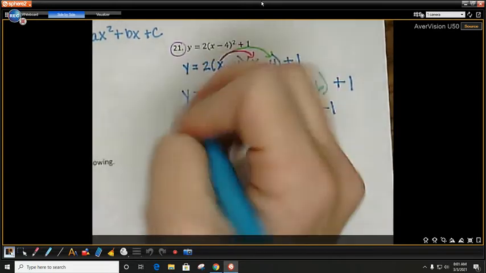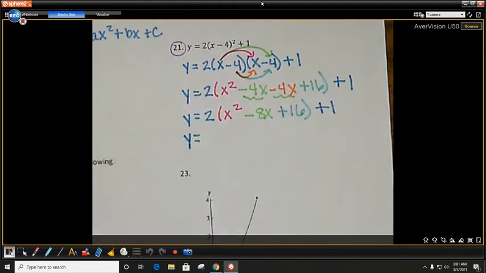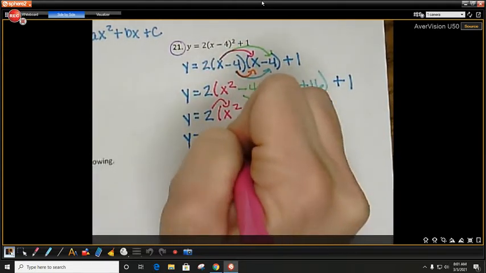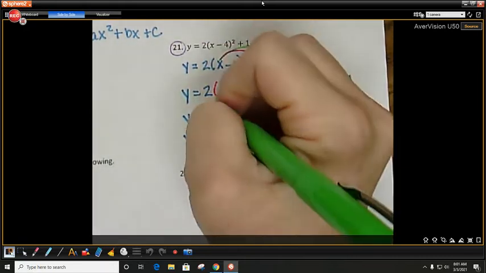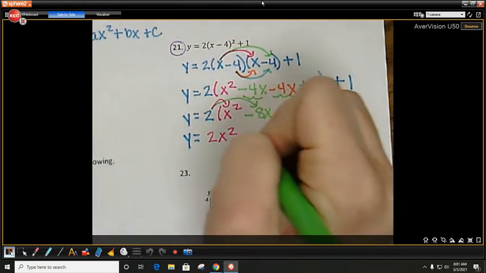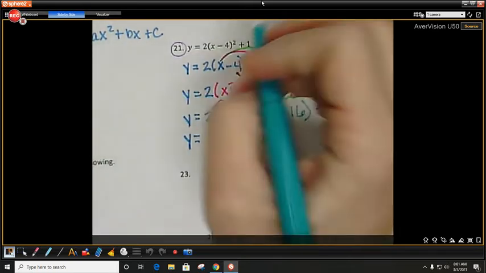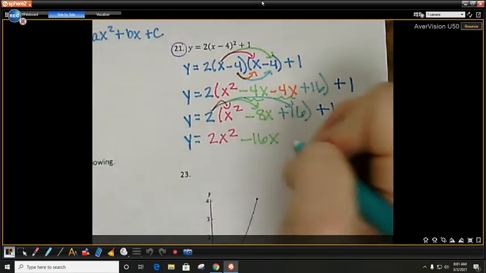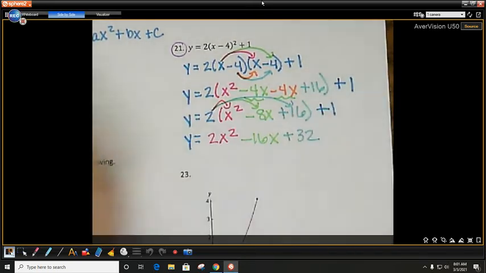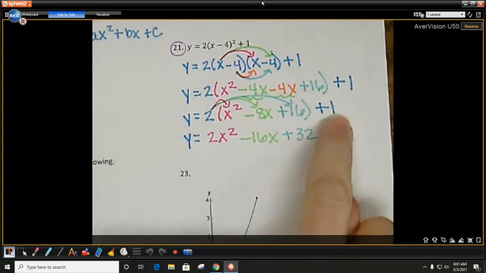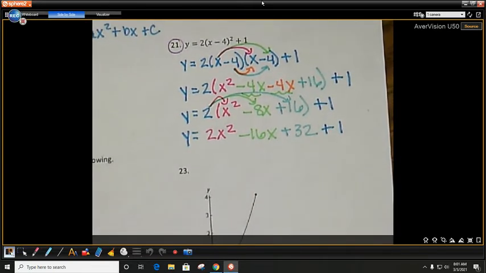So I need to distribute that 2 to every term in the parentheses. So 2 times x squared is 2x squared. 2 times negative 8x is negative 16x. 2 times 16 is a positive 32. And then tack on that plus 1 at the end. We're not distributing the 2 to the positive 1 because the positive 1 isn't in parentheses.